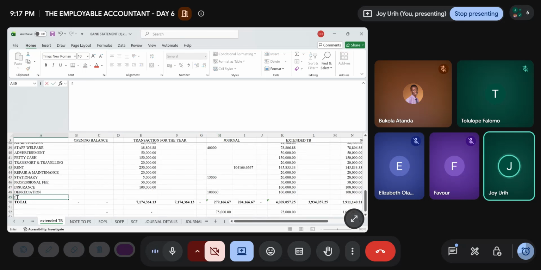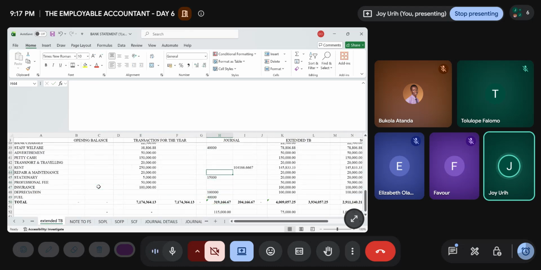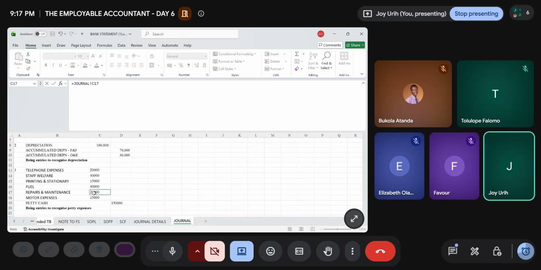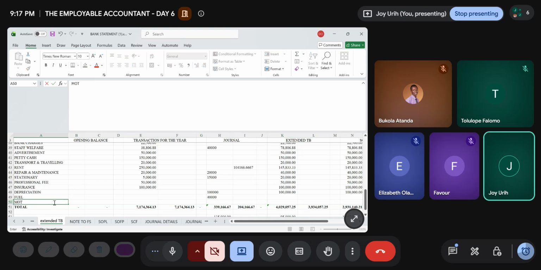So I'm going to create an account and bring in the figure. Next is repair and maintenance. Then we have motor expenses.